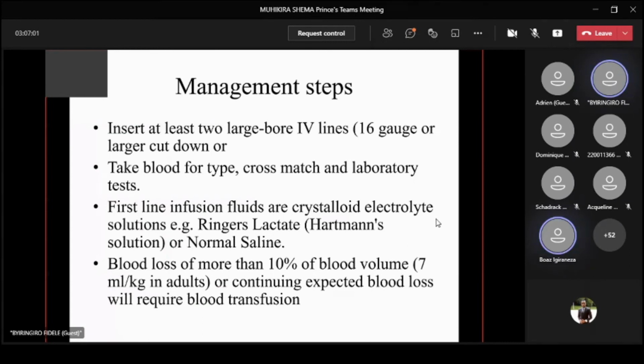That means 320 mils. How did you calculate it? I have calculated in the phone. I want the formula you used. I take the 4 kilogram times 8 over 100. Do you know the height of the child?